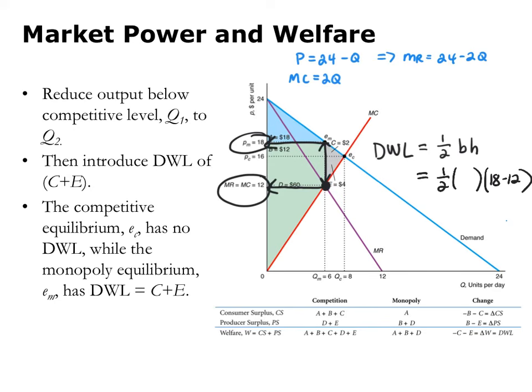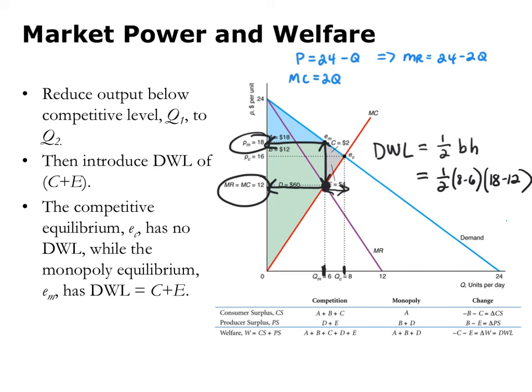The base of the triangle spans from here to here. To find the base, we need these two quantities. We need the competitive quantity, where marginal cost equals inverse demand, and we need the monopoly quantity, where marginal cost equals marginal revenue. Here the base goes from 6 to 8, or a distance of 2.